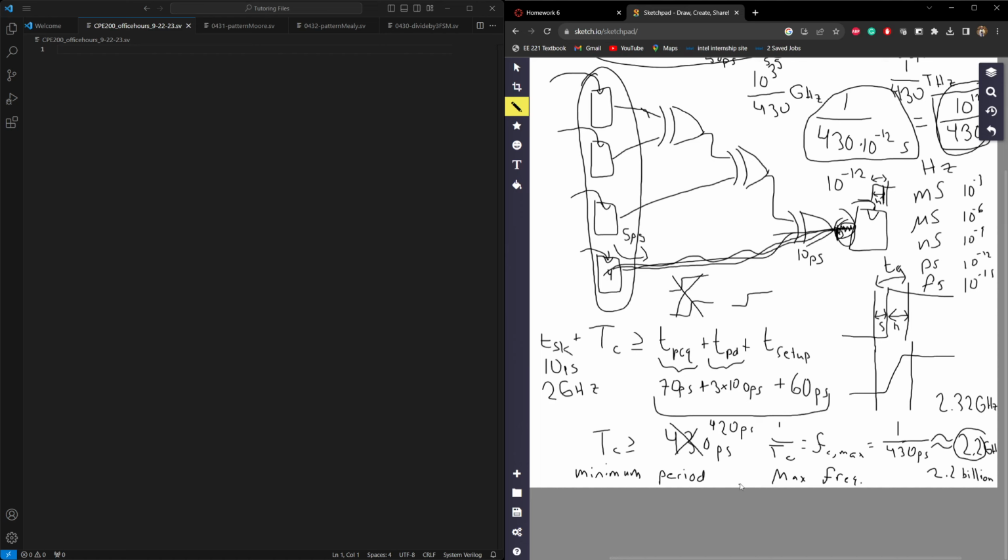And it doesn't seem like it immediately, but this is the period. That's the length of your clock cycle. So if it's 420 picoseconds, I'm going to exaggerate it a little bit, the clock cycle has now become shorter. So it can do more operations per unit time. Or in other words, if we do 1 over 420 picoseconds, we're going to get, instead of 2.32 gigahertz, 2.32 billion operations per second, we're going to get something like 2.5 gigahertz, which is 2.5 billion operations per second.